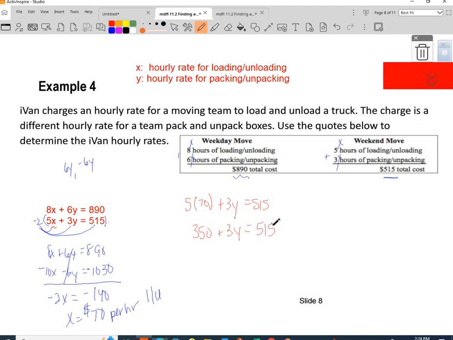Subtracting 350 from both sides, I get 165. So 3y equals 165. Now to get y by itself, I divide by 3 and I see that y is 55. And in this real world problem, that means that it's $55 per hour to pack and unpack if we use I-van movers.